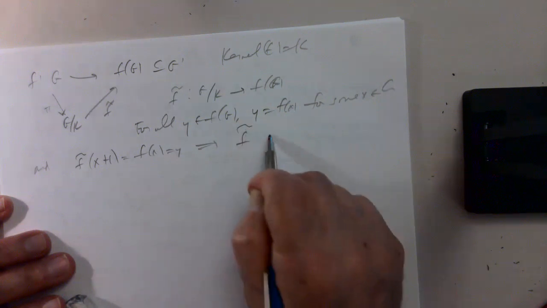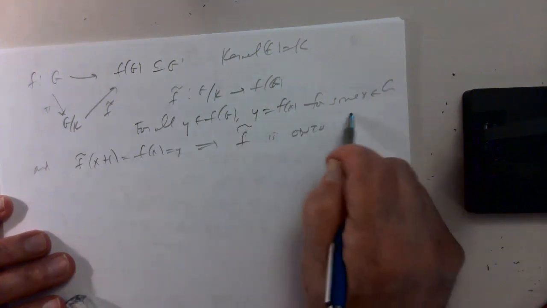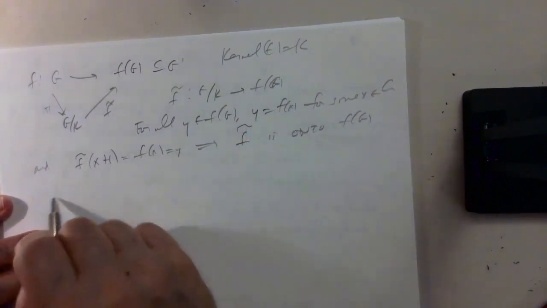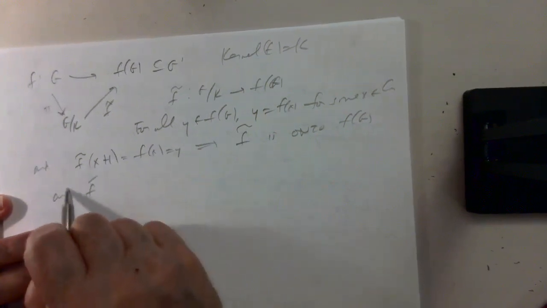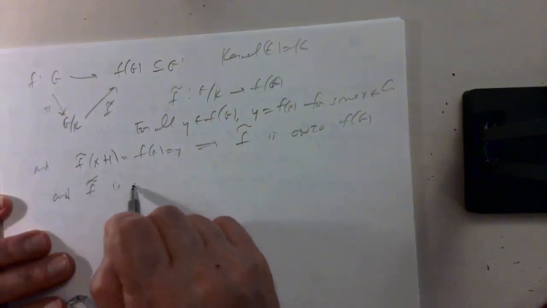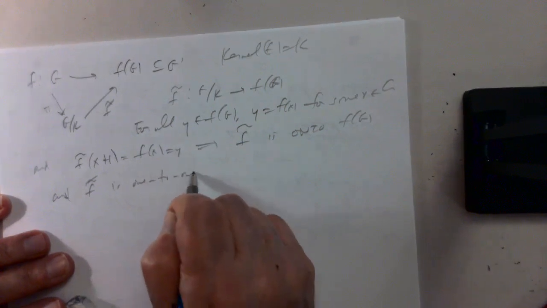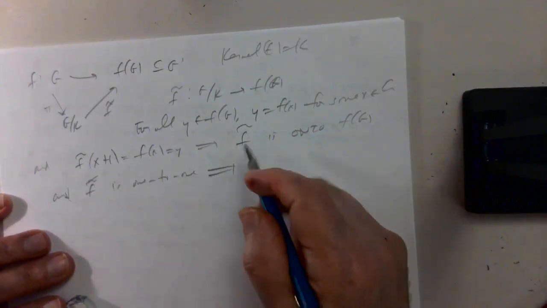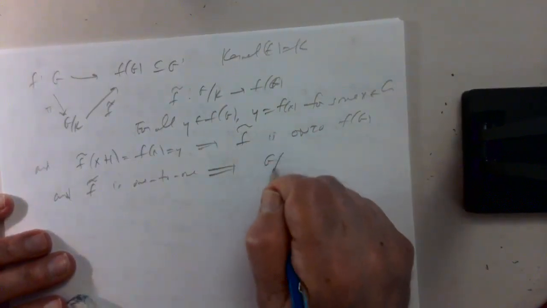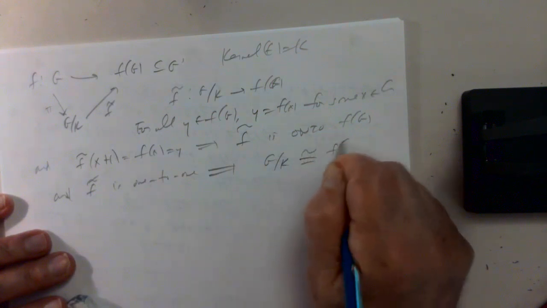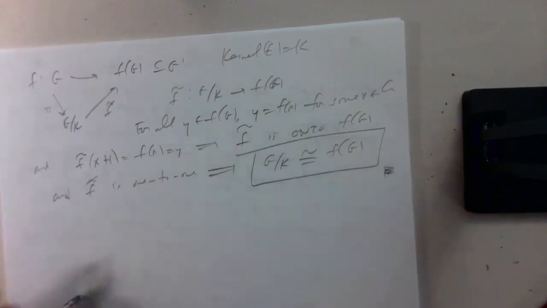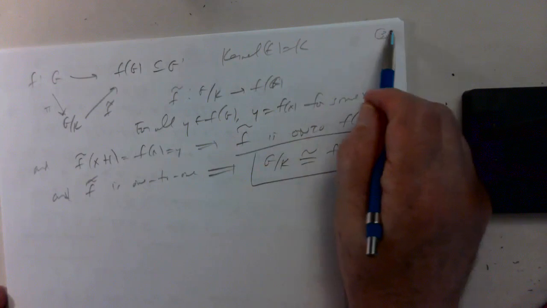So f tilde is onto f of G. And we already saw that f tilde is 1-to-1, which means f tilde is an isomorphism. So G mod K is isomorphic to f of G. That is the first isomorphism theorem.